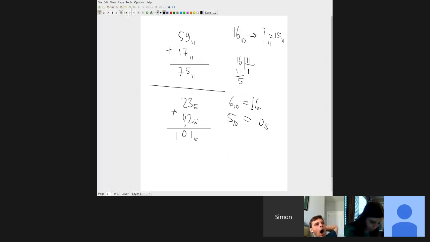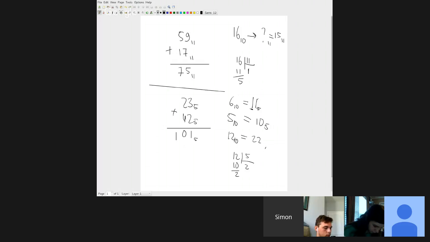Now I want to multiply 4 base 5 times 23 base 5. I start by multiplying 4 by 3. 4 by 3 gives me 12 in decimal, right? What will that be in base 5? In base 5, I have to divide 12 by 5. It will be 2, remainder 2.